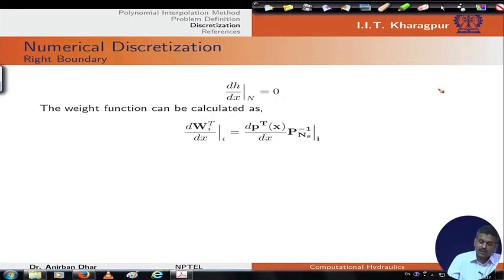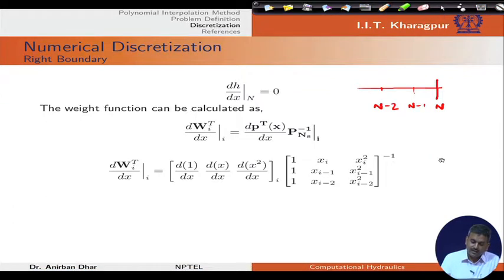Right boundary, again we have n, n minus 1, n minus 2. So with this if we calculate, that means in polynomial basis we have 3 members, and in this case also we have 3 nodes, that is I, I minus 1, I minus 2 or n, n minus 1, n minus 2.